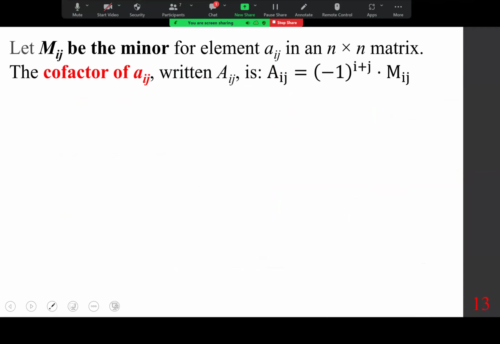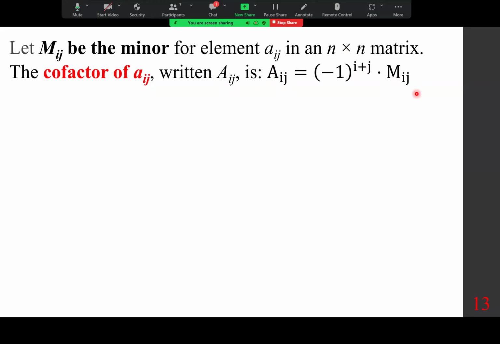Let M sub ij be the minor of element A sub ij in an n by n matrix. The cofactor of A sub ij, written by capital A sub ij, is capital A sub ij equals -1 to the power of i plus j times capital M sub ij.